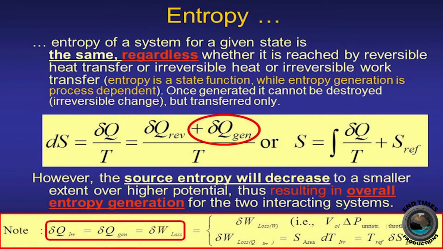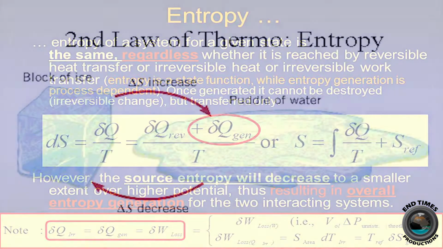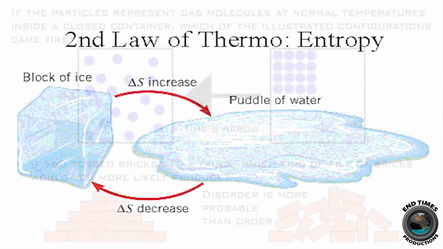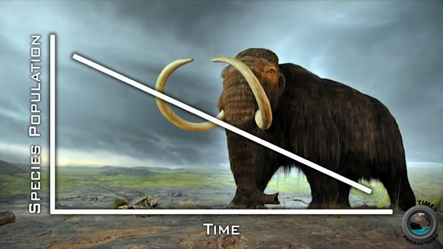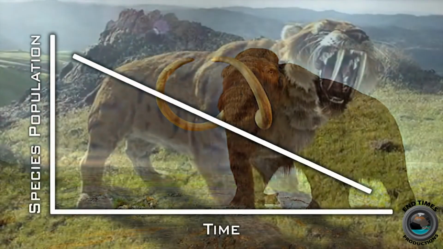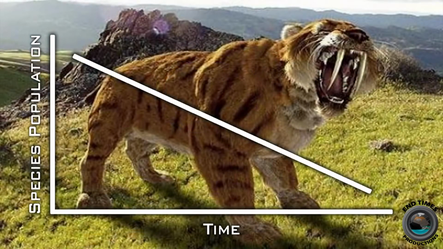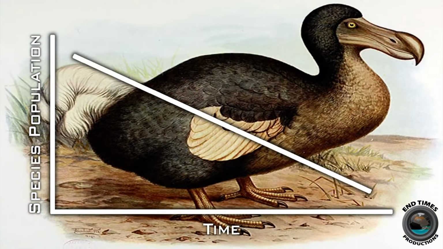This fundamental law clearly expresses that over time things degrade, things become more random, that things decline over time. A common sense way of looking at this, and something that should be obvious, is that we see species go extinct. They don't come into existence. We aren't seeing an increase, we're actually seeing a decrease.